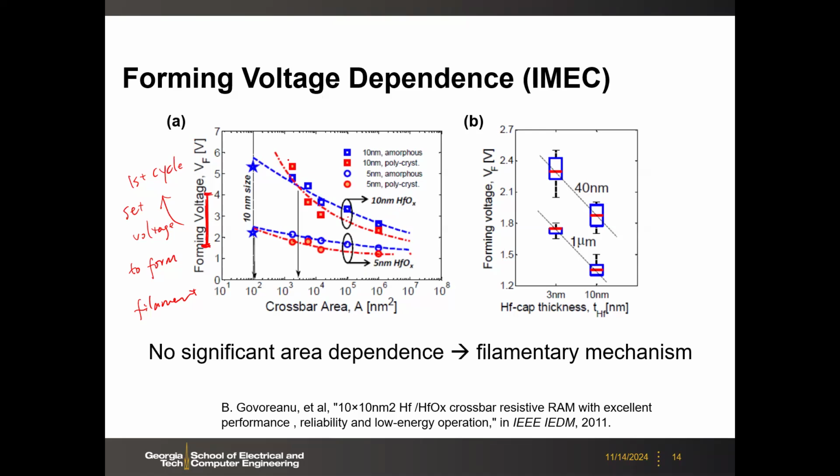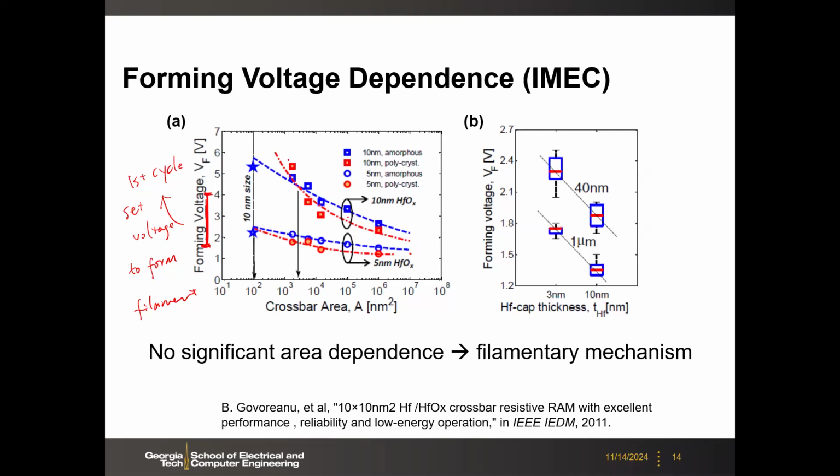That's not very friendly, because you are going to use that high voltage only once. Then you have to design the peripheral circuitry to provide that high voltage, but it's only used once. Then after that, the regular switching voltage is less than 3 volts, so it's a waste of peripheral circuit resources in that case.